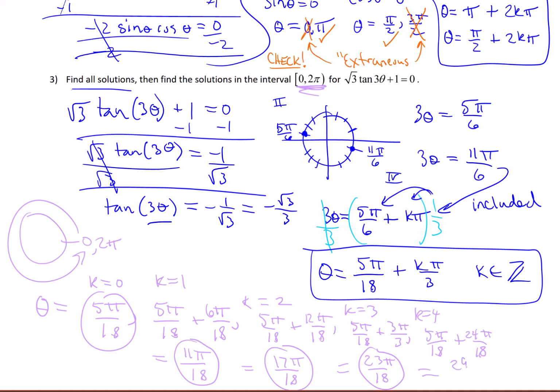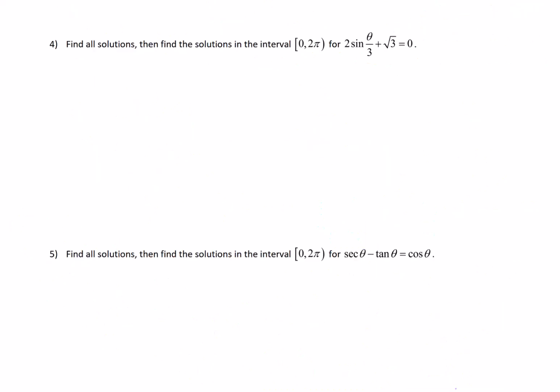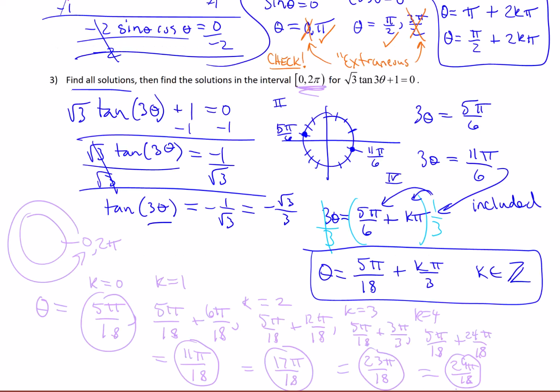That's 29 pi over 18. That's still less than 2. 2 would be 36 over 18, right? So we're getting there, but not quite there yet. In fact, we're going to have to add a little bit of space to keep this going. But you can see how this is going. We're trying to extend and get all of these values until we get through to 2 pi, as the second part of this question is requesting.